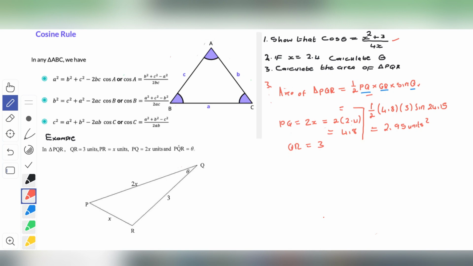Whenever they say, show that the cosine of theta is equal to something, you must use the cosine rule. And whenever you see sine theta is equal to something, you must use the sine rule. And we also saw how we can calculate the area of triangle PQR, right?